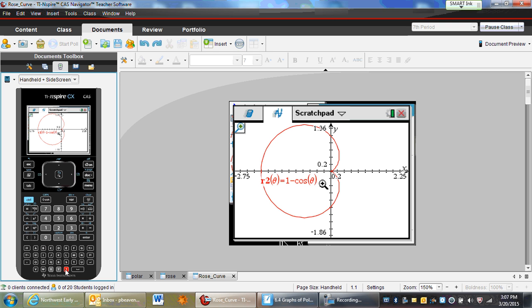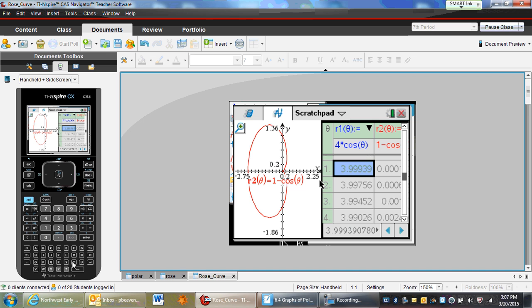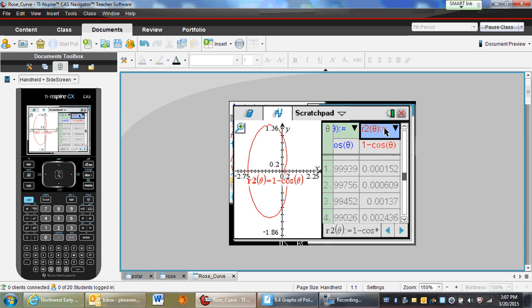Okay. Now, we could also go and try to get the table. So if we go to Control T, well, this function's still here, so I just want to look at this function.